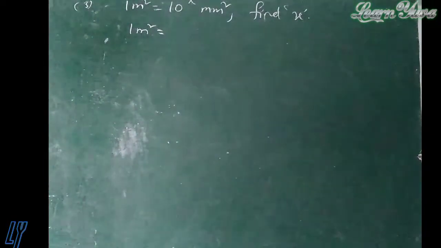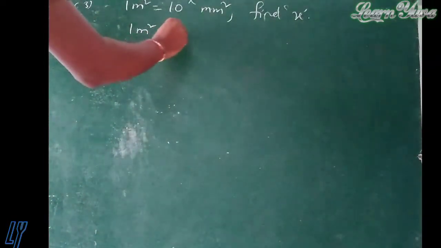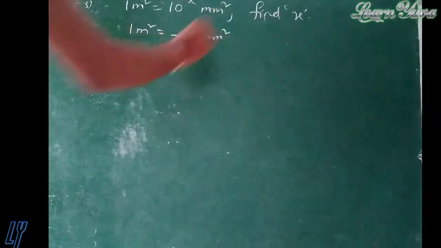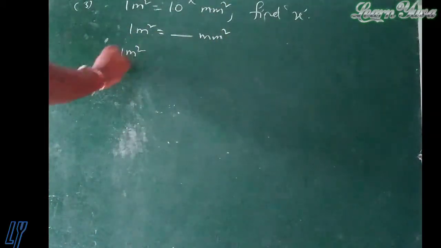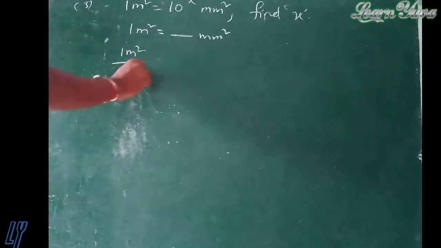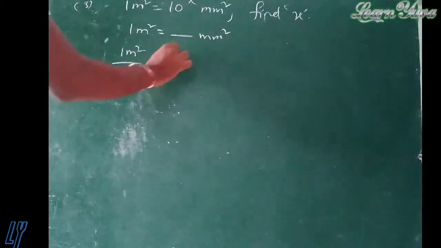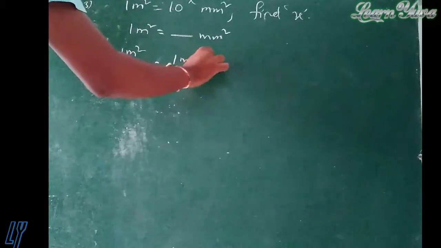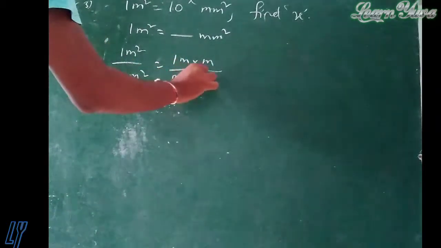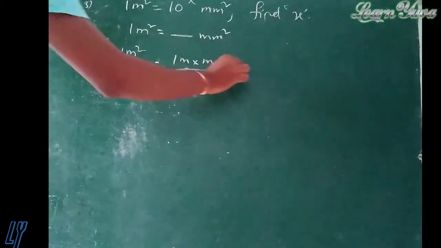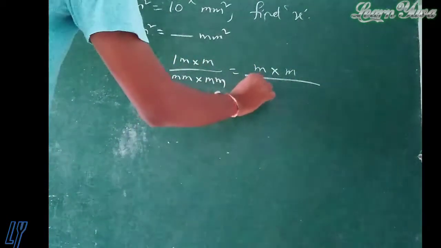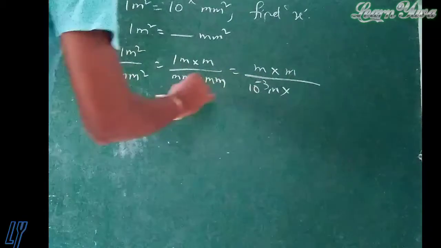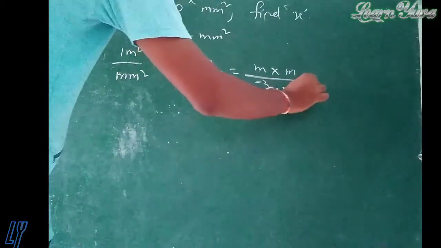By the process, left hand value by right hand value: 1 meter into meter by millimeter into millimeter. That is equal to meter into meter by milli value 10 power minus 3 meter into again milli value 10 power minus 3 meter.